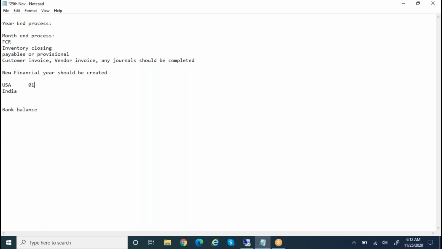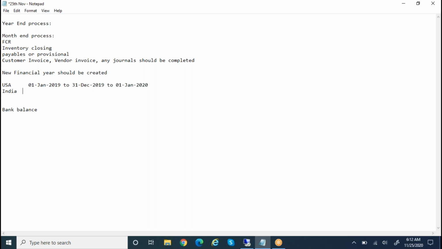Here this is 01 Jan 2019 to 31st December 2019 to 01 Jan 2020. You are transferring balances from this date to this date.